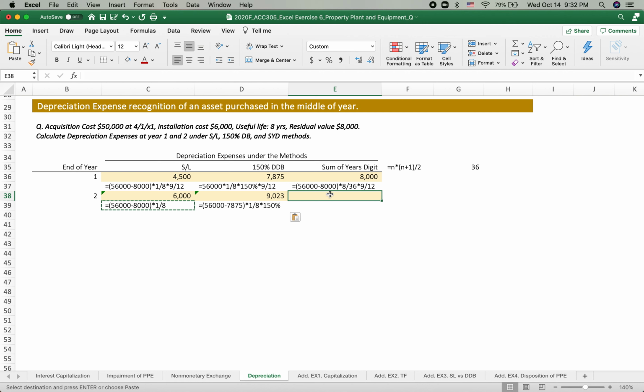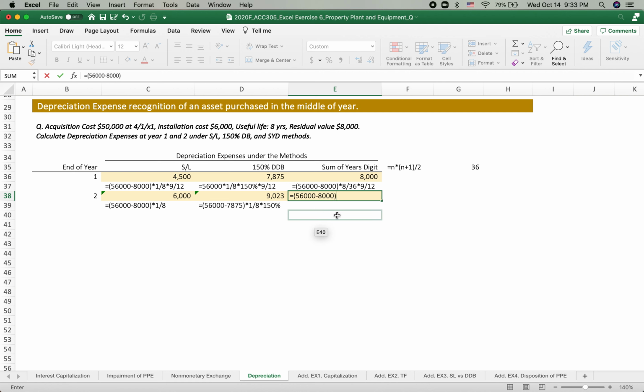Okay, so when you calculate the second year sum of the digits depreciation expense, we started from again 56,000 minus 8,000, the residual value, and times. Now take a look, even though we are in the second year of the fiscal year, we are in the same digit year, because we have been using only 9 months.